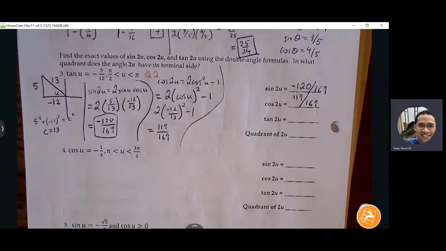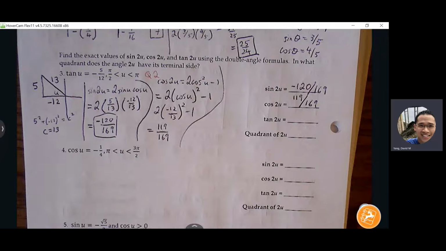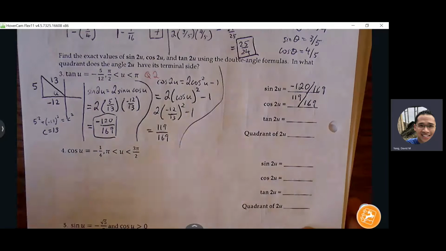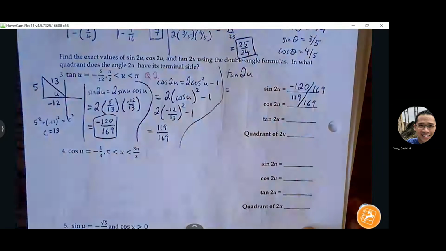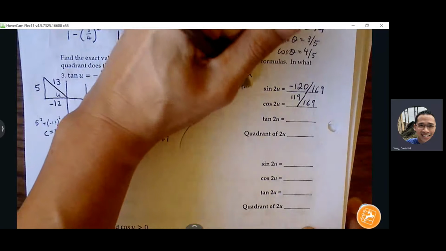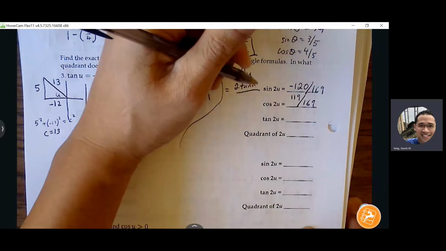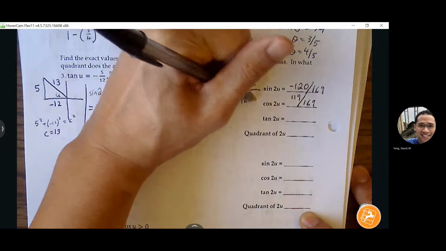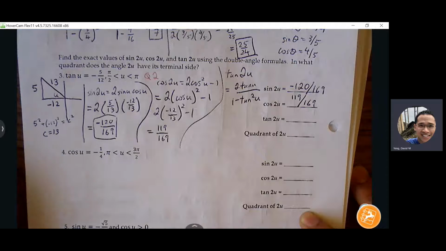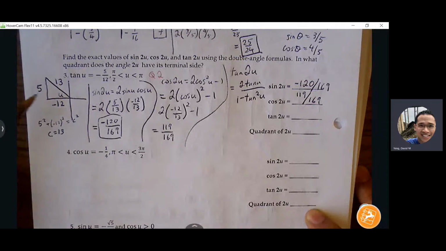Any questions with that? Okay, next up, tangent of 2u. Two tangent u over 1 minus tangent squared u. All right, what's tangent of u equal to? Oh, we already have it.